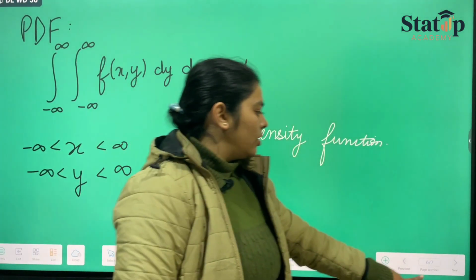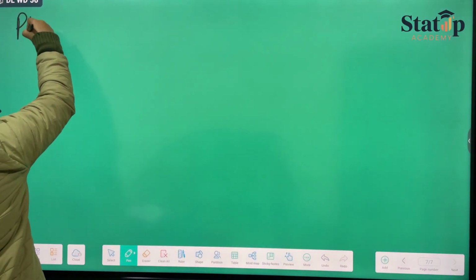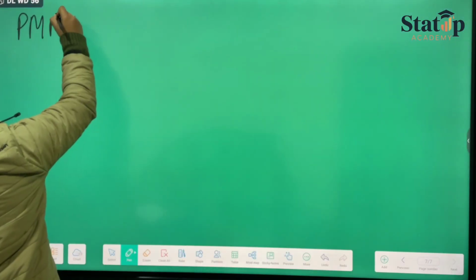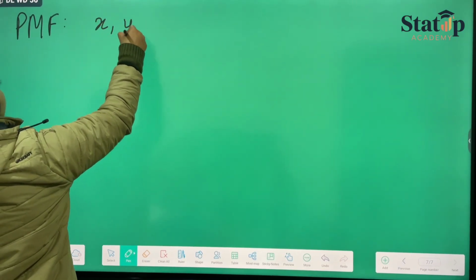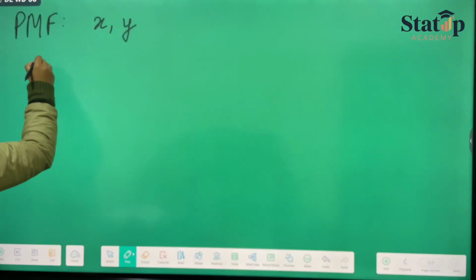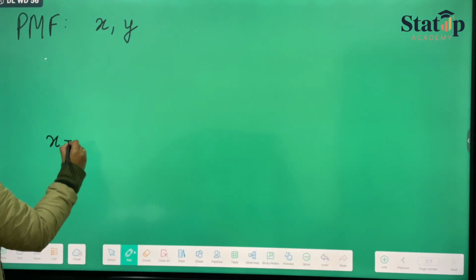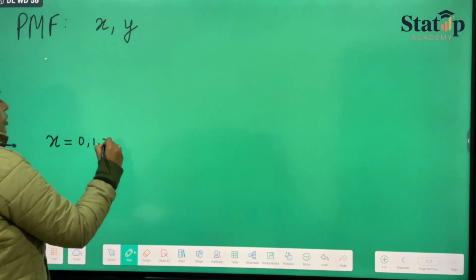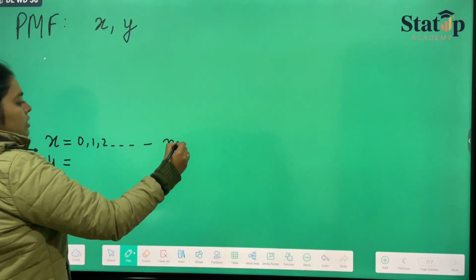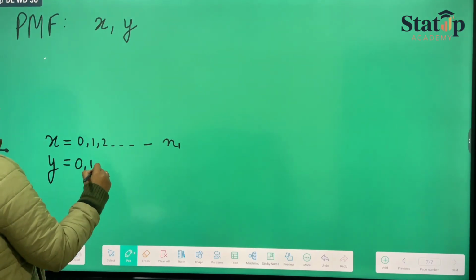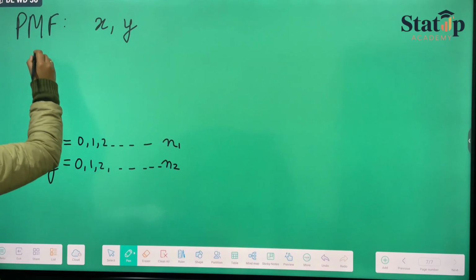Now if we talk about PMF, which is the probability mass function for discrete random variables, where we have again been provided two variables x and y, where x has the values 1, 2, up to n1 and y has the values 1, 2, 3, up to n2.